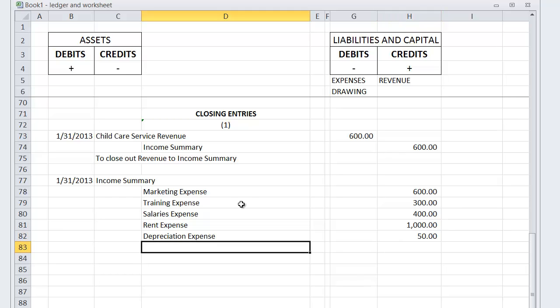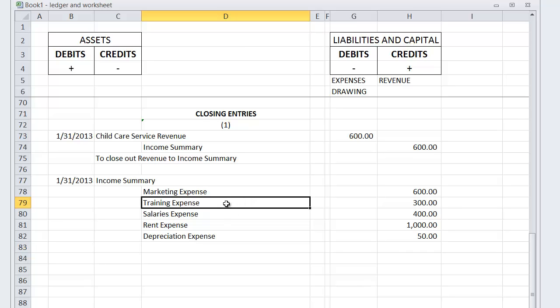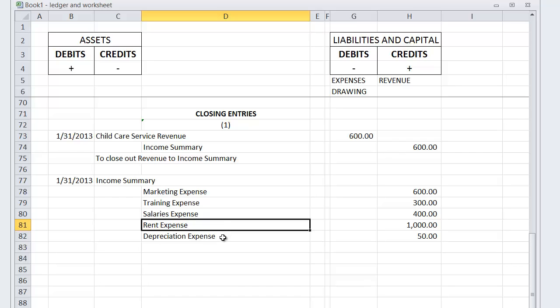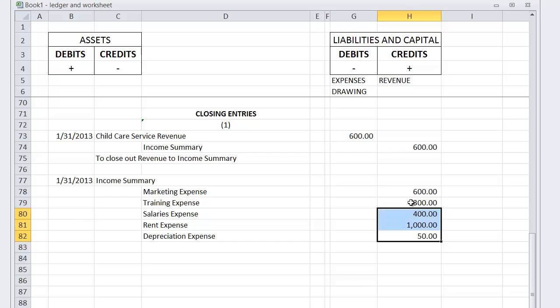So we have marketing expense, training expense, salaries expense, rent expense, and depreciation expense. If we add all this, that's pretty much what the income summary is going to be taken away from. So we could just add 600 plus 300 plus 400 plus 1000 plus 50, and we know that we have to actually debit $2,350 from the income summary.